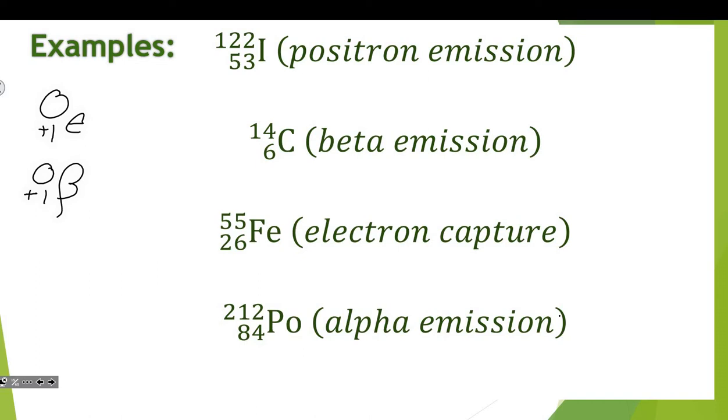Start with the iodine, then put the arrow, then put a beta, whichever one you want to use, the positron, and then it's plus something. So you find the element, plus whatever you need to make it so it adds up to what they're equal on both sides. You're going to put it on the product side. You're going to have two things on the product side.